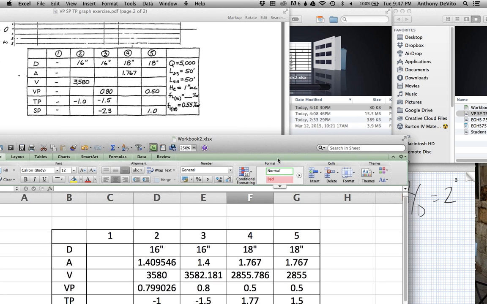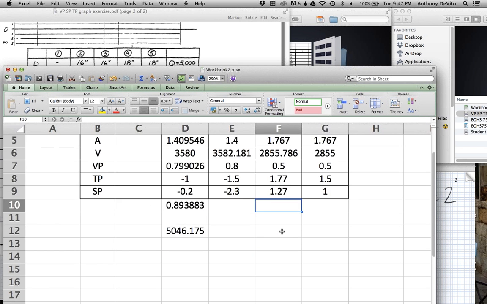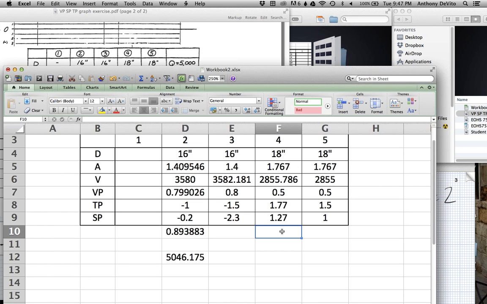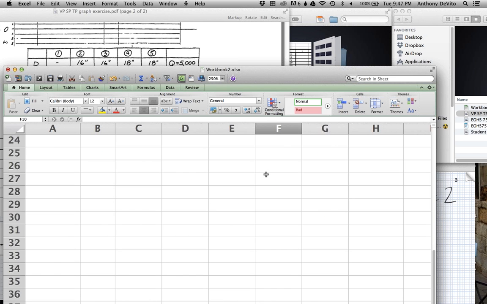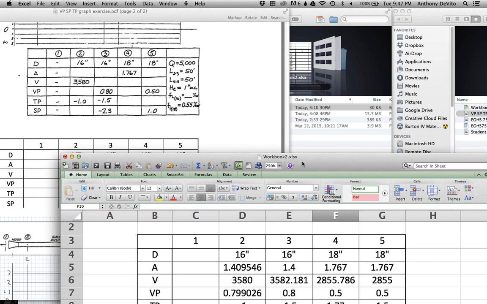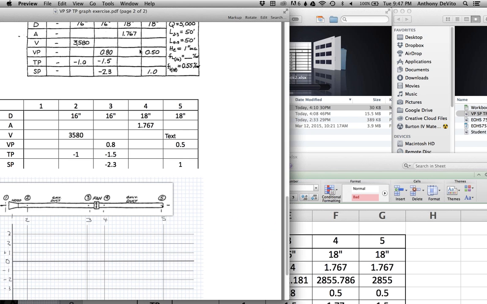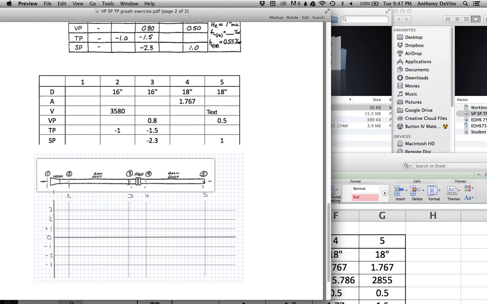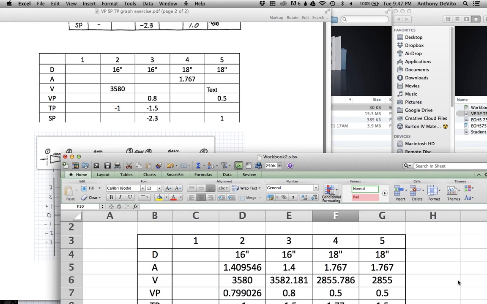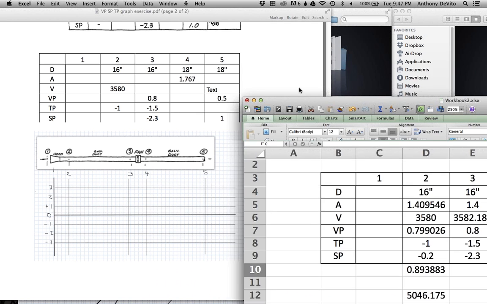So what have we accomplished here? We found all of the velocities and pressure through this run of ductwork. So now that we've done that, we can actually sit here and plot them on the graph paper that you have there. So let's just look at the static pressure. What are the static pressures going to be doing here?